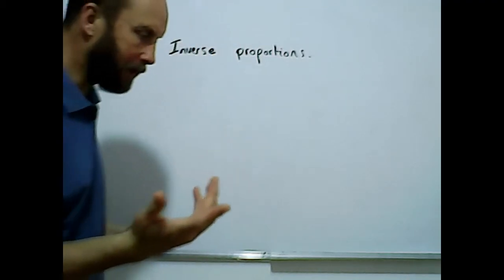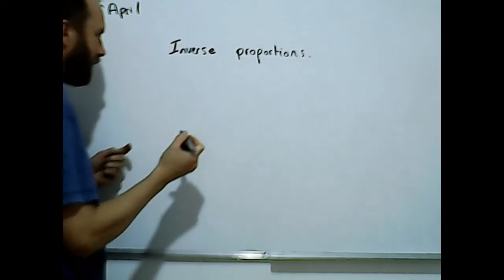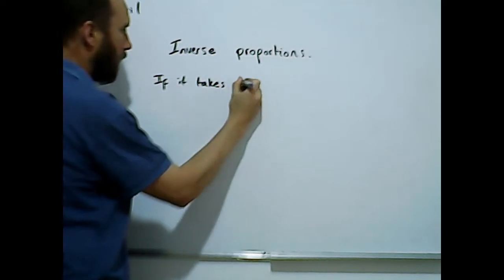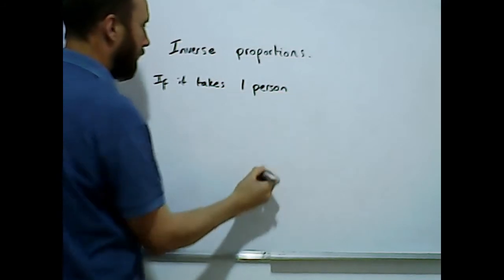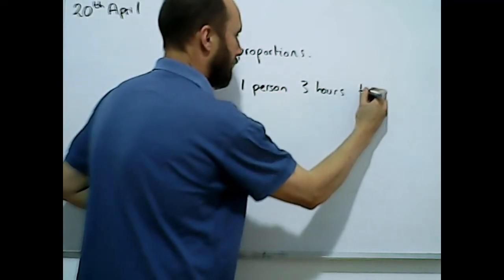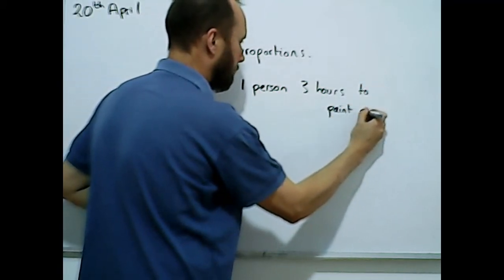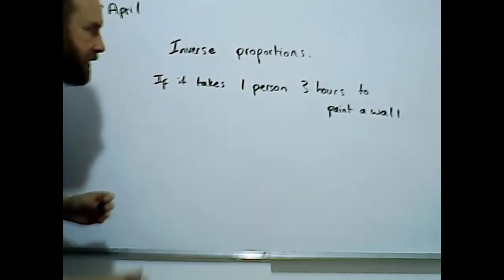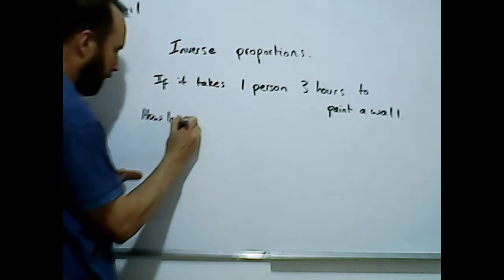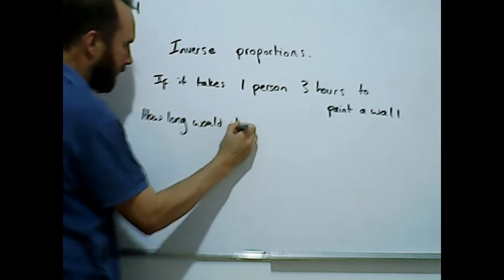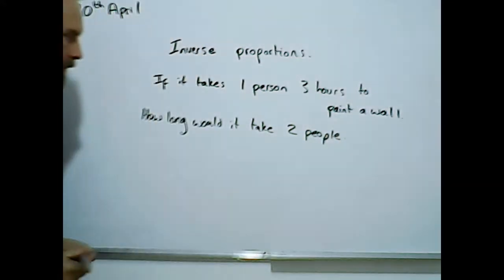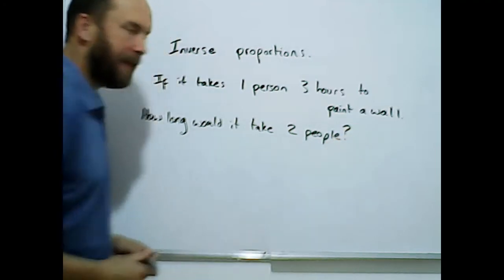The obvious example that we use is, if it takes one person 3 hours to paint a wall, how long would it take 2 people? Now, the answer is going to change.